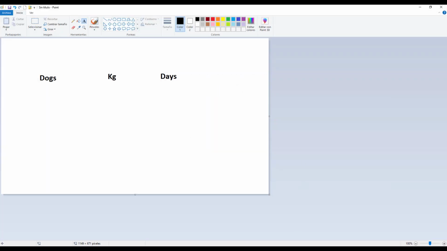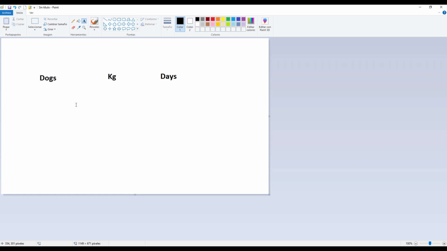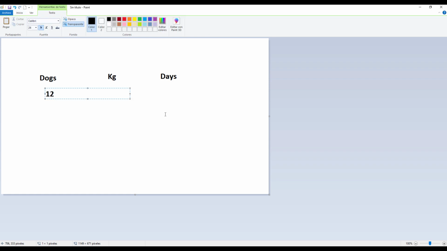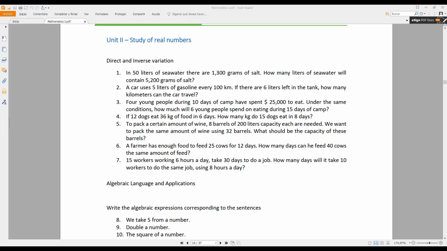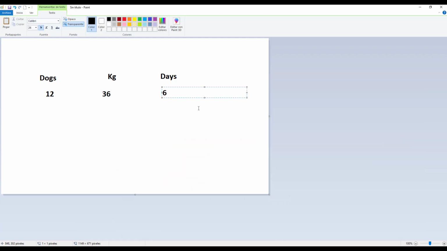Let me check. 12 dogs, 36 kilograms. How many days? 6 days.